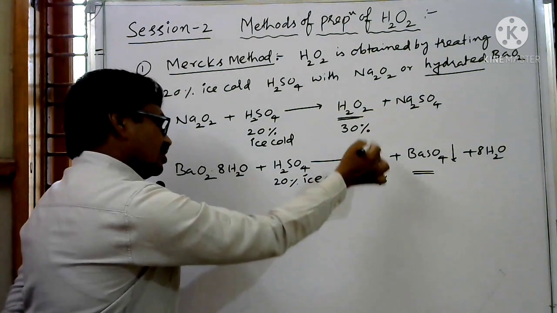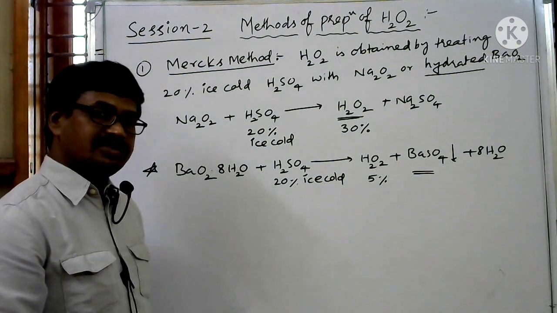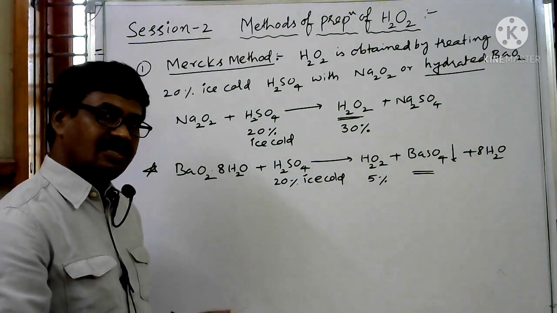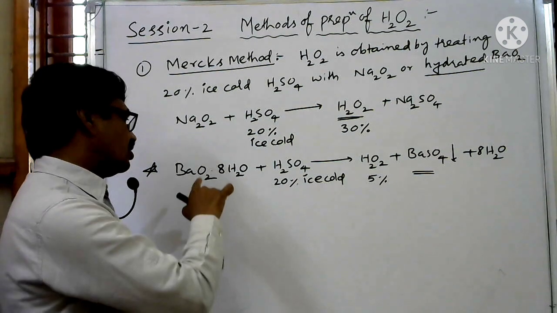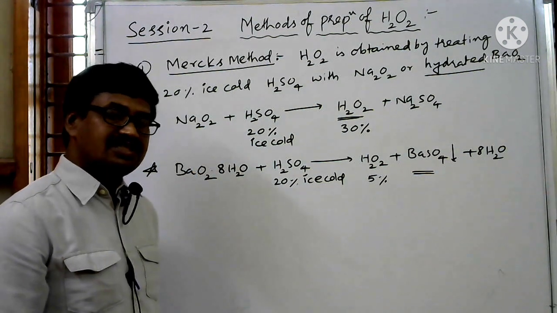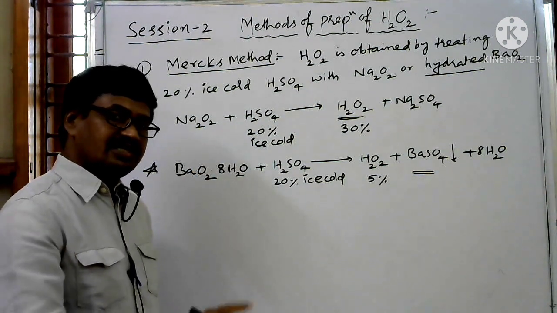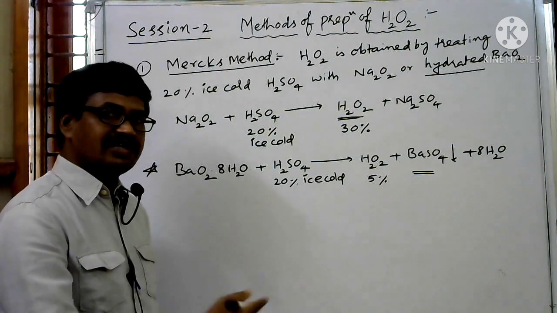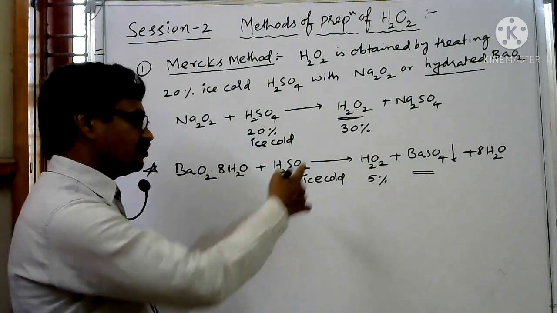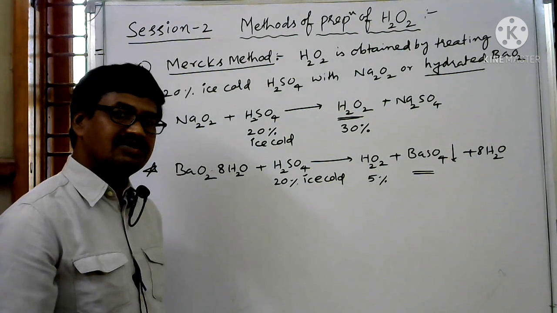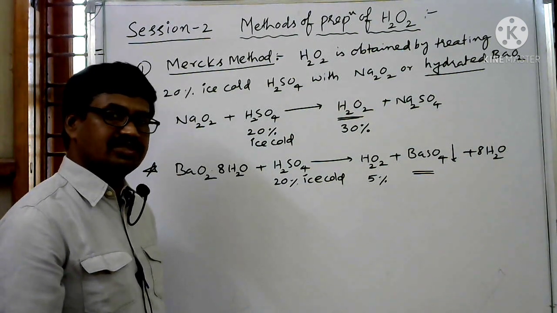The formed barium sulfate forms a thin layer above the unreacted barium peroxide, so that this layer can prevent further reaction, and the hydrogen peroxide formation is very low. The yield of hydrogen peroxide will be less.